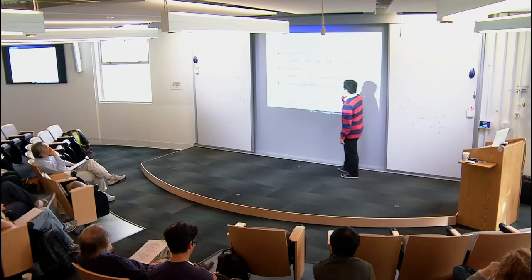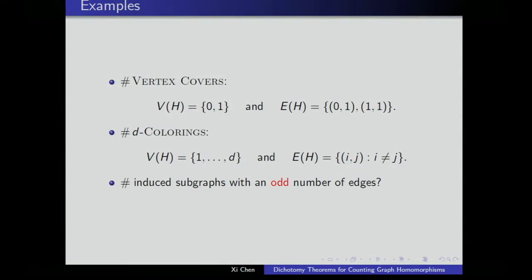So we can then see that vertex covers and colorings can both be expressed as Eval(H), counting graph homomorphisms for some small graph H. For example, for vertex covers, H is just a graph with two vertices and these edges, one edge between them and one self-loop.